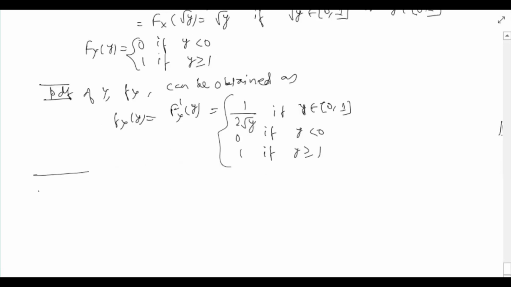In general, we can have a random variable that is neither continuous nor discrete.